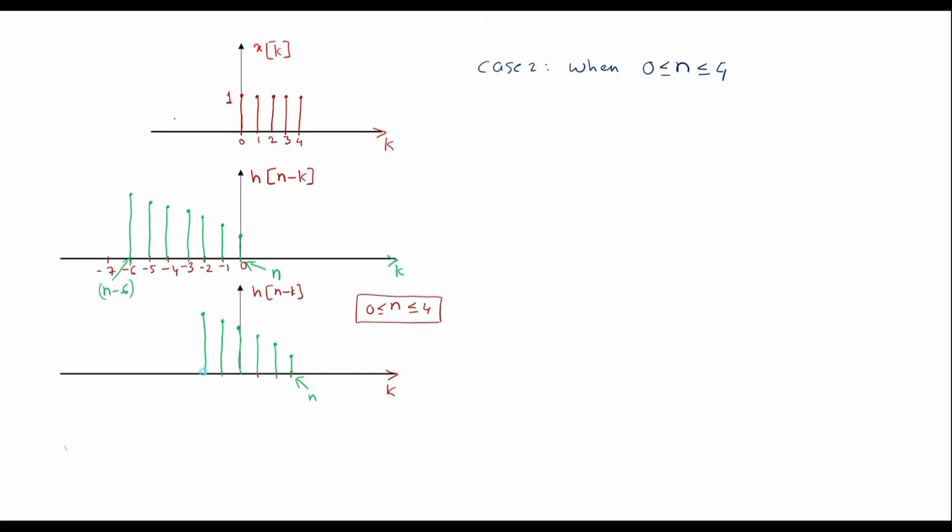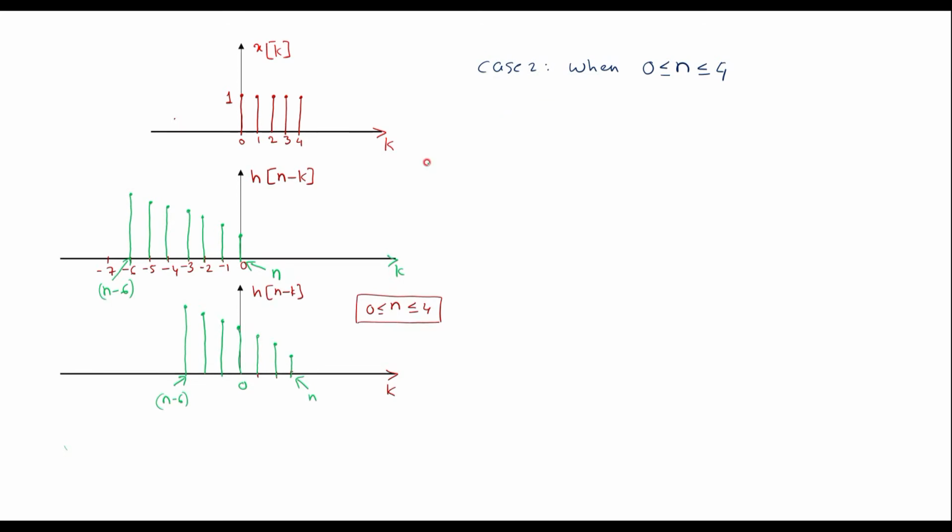This is n minus 5 and this will be n minus 6, that is the tail end of h of n minus k. Now here we can observe that only the samples which exist between 0 to n will overlap with h of k signals, and only those signals will be multiplied with h of k.